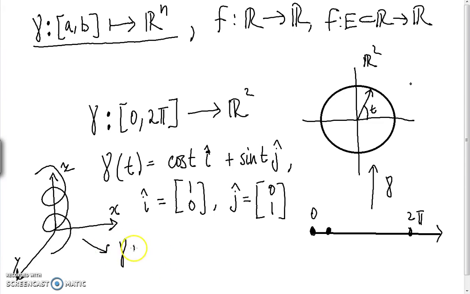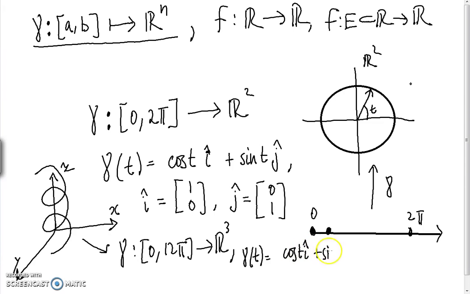We can say y is again maybe, this time, from 0 to maybe 12 pi to R3, and we can call the function, we can do this: cosine t i plus sine t j, maybe plus t k, where k is just a unit vector over here.